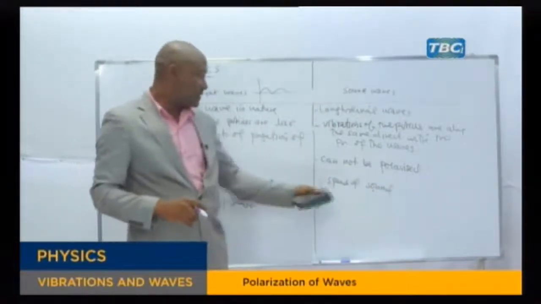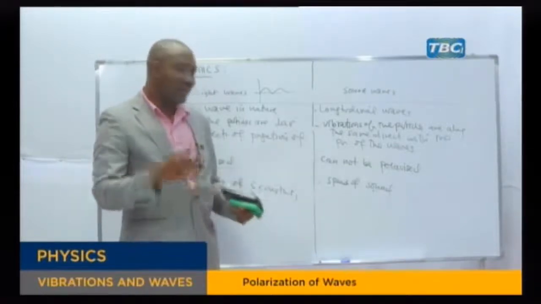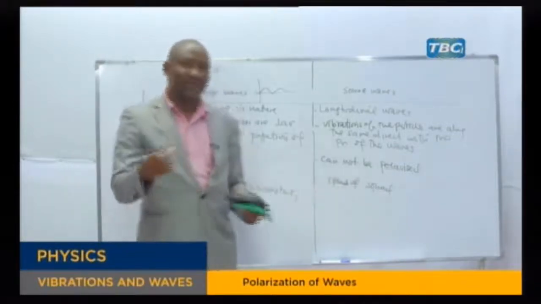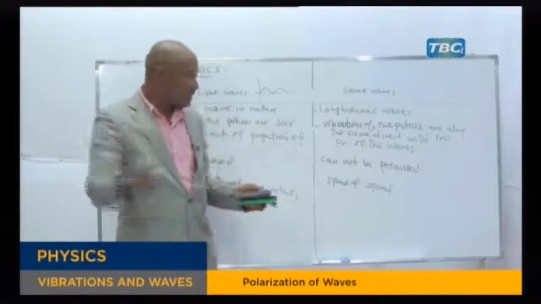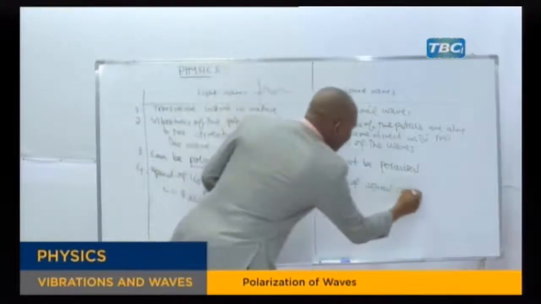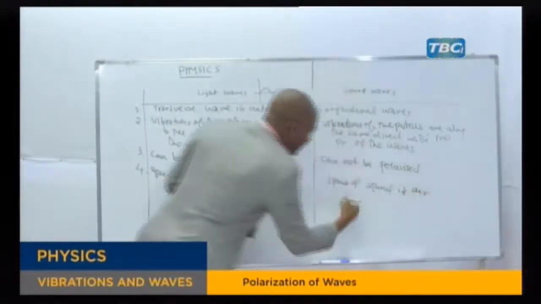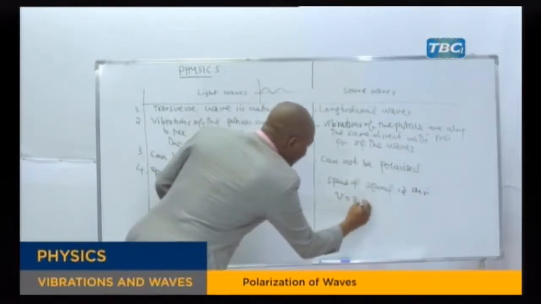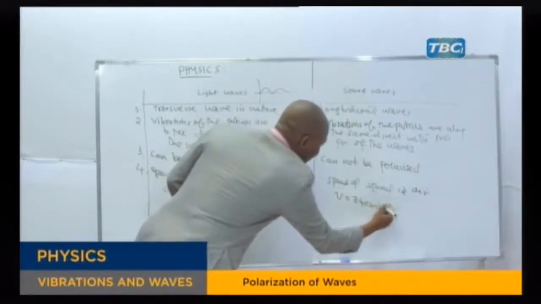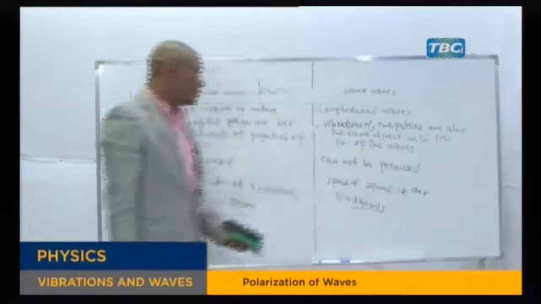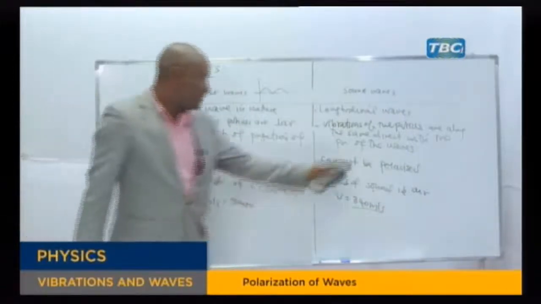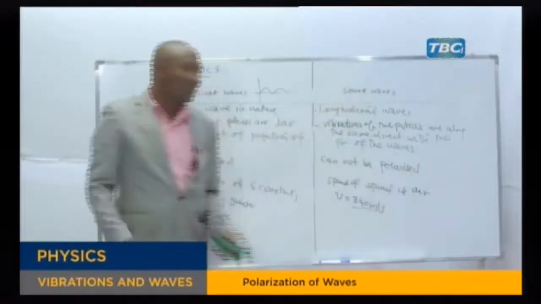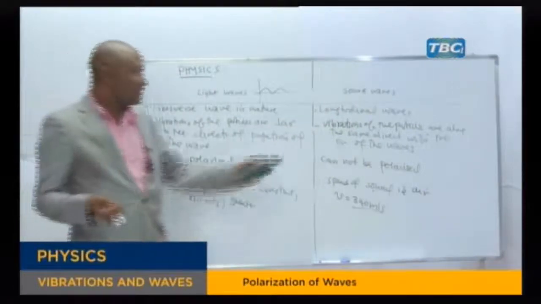For example, sound produced in air is different from sound produced in water. In air, at normal temperature, v equals 340 or 330 m/s. This speed of sound depends on the medium in which it propagates.